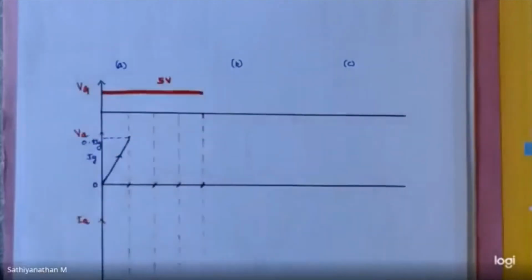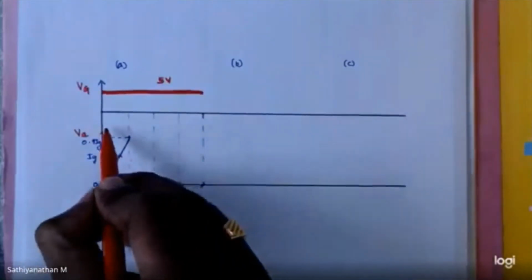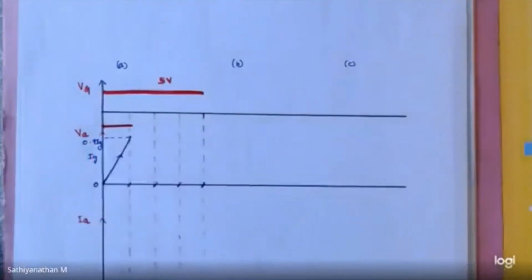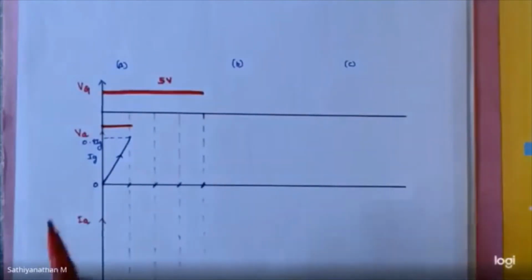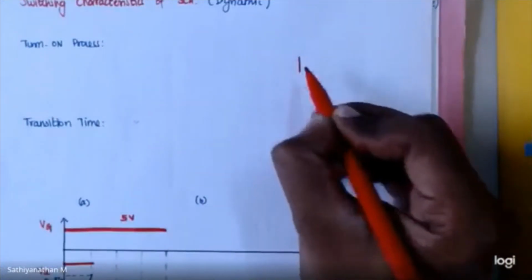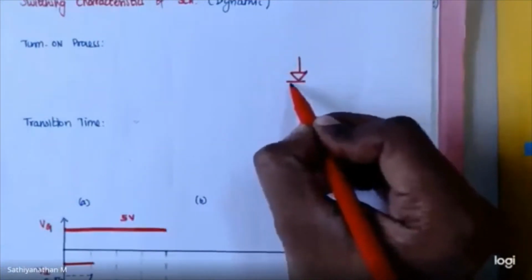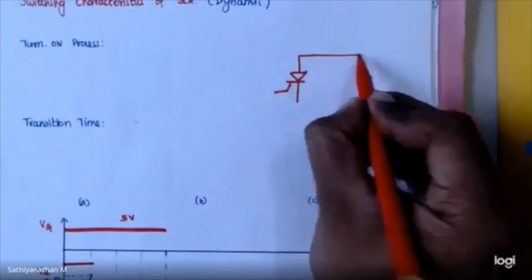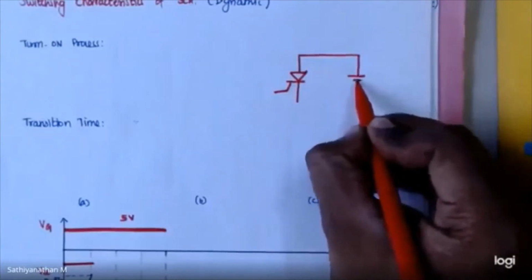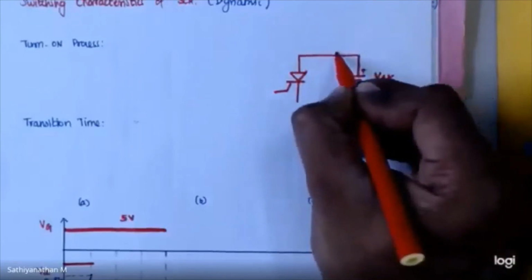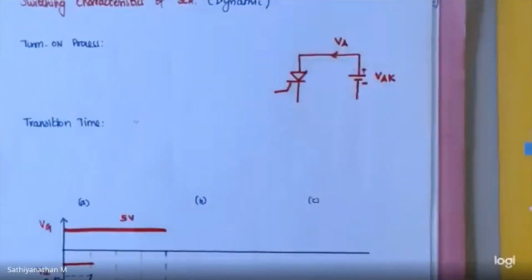And initially you have a higher anode cathode voltage. This is your device, and this is your source, VAK, which we call the anode voltage.